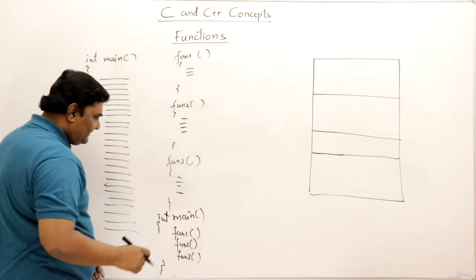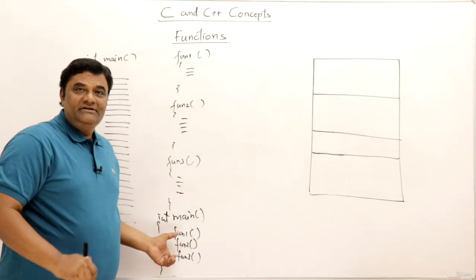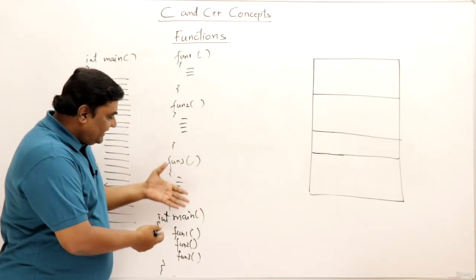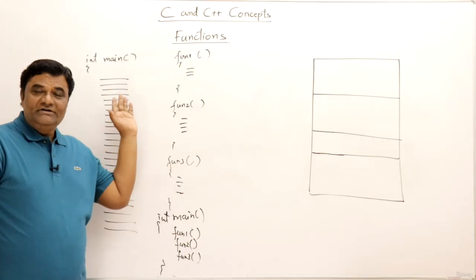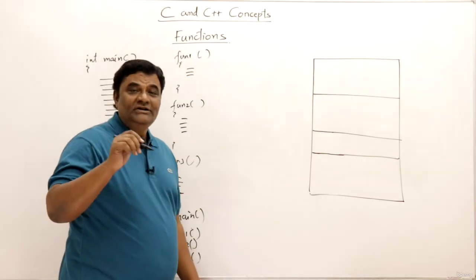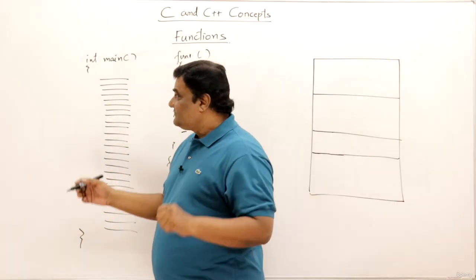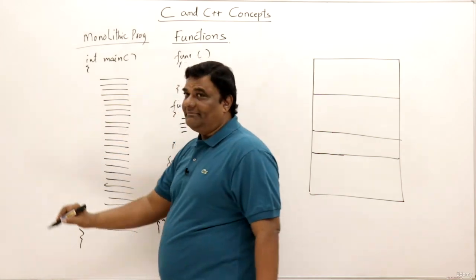So here you can see that if I combine all together, everything is there inside the main function. The main function is utilizing these functions. So that will sum up to a similar program. If we follow the style of writing everything inside a single body, it is called monolithic programming.